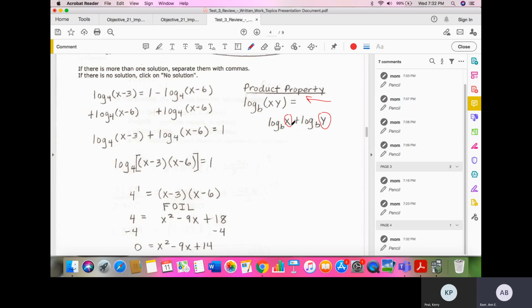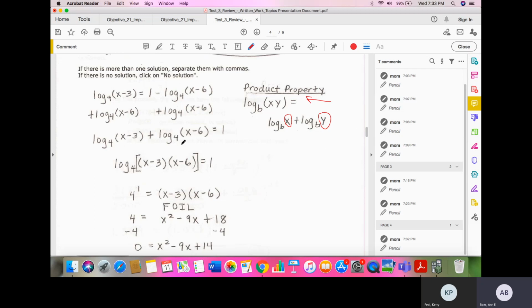It is the argument of the first log x and the argument of the second log y, multiplied together. So in our example here, we've got a plus sign in between, which is required to use this property. We're going to write it as a single log, and both logs have to have the same base to do this.